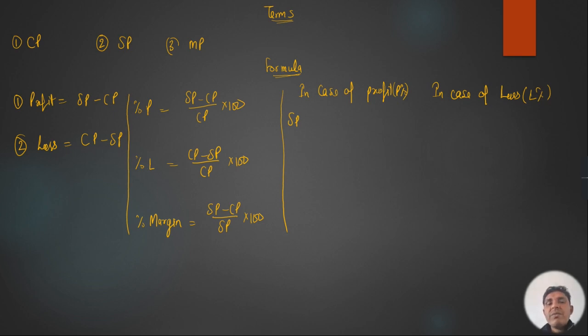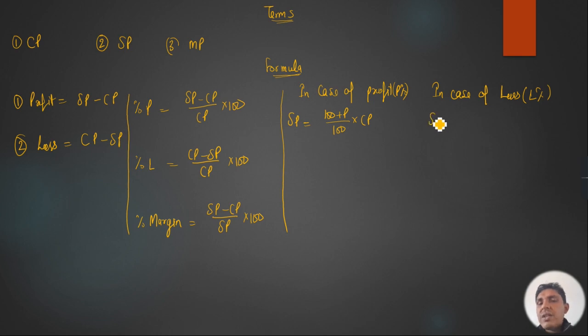In case of profit, when we calculate selling price, it is calculated as 100 plus P divided by 100 multiplied by cost price. That is nothing but percentage increase. As in percentage, we calculate new value is equal to 100 plus R divided by 100 multiplied by original value. Here selling price can be calculated as 100 plus P divided by 100 multiplied by cost price, right?